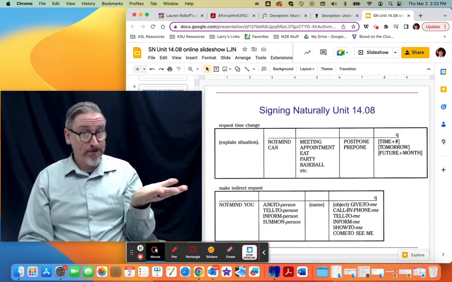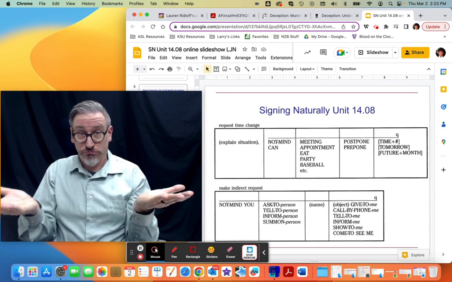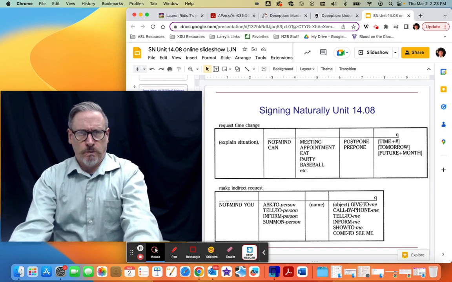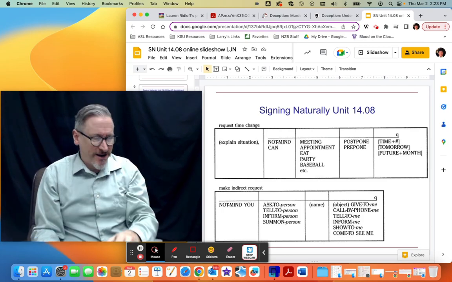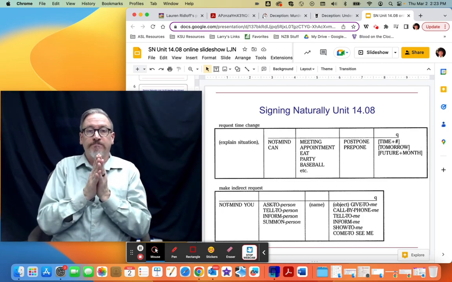So my mom, her sister, my aunt. Sorry, my desk is weird. Okay.